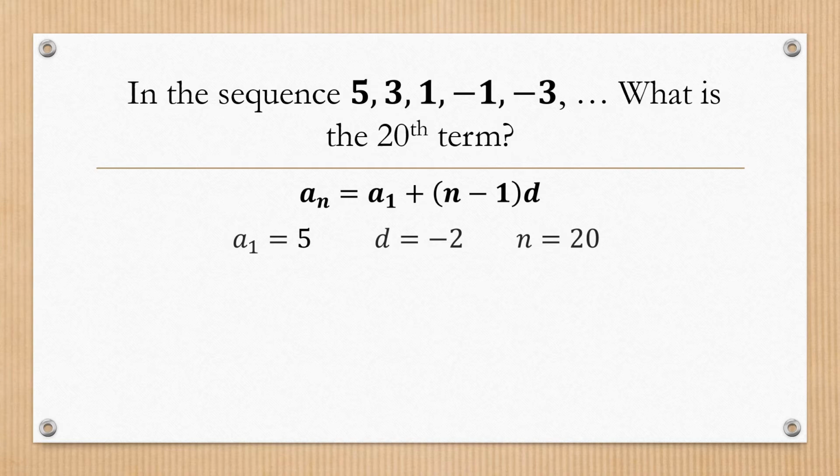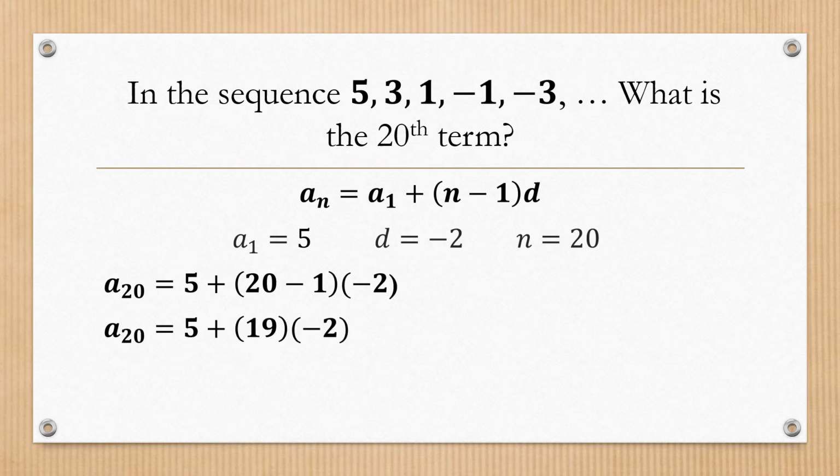By substituting all the values into the formula, we obtain a sub 20 equals 5 plus the quantity 20 minus 1 times -2. Simplifying what is inside the parentheses first, we have 19. So 19 times -2 is -38. Simplifying 5 plus -38, we have -33.